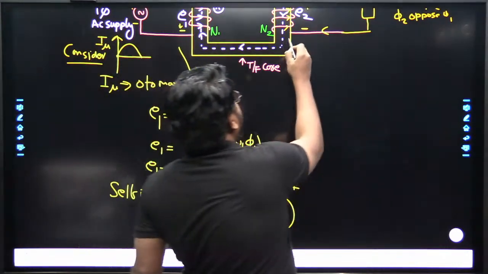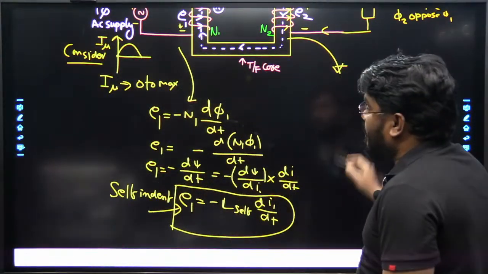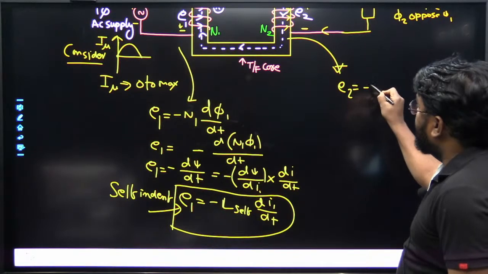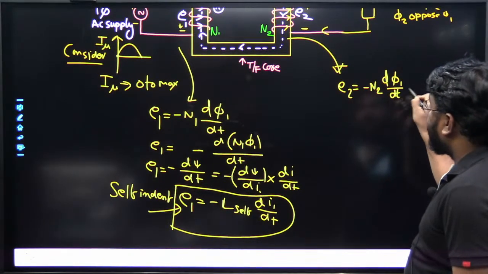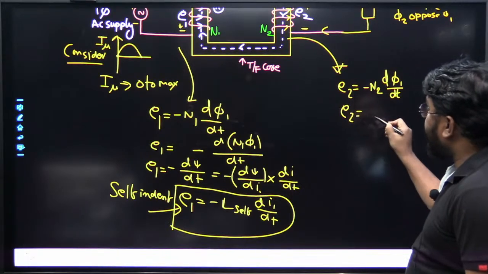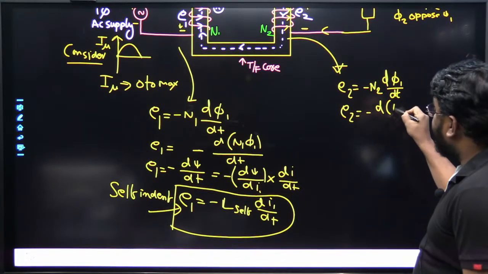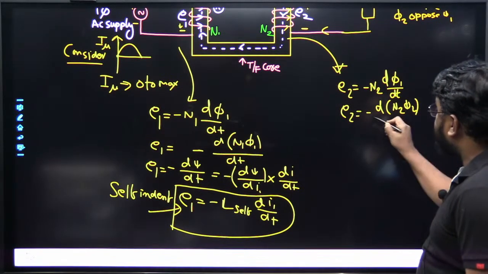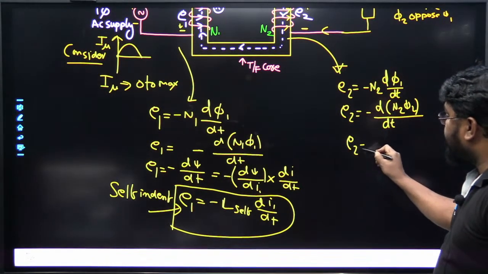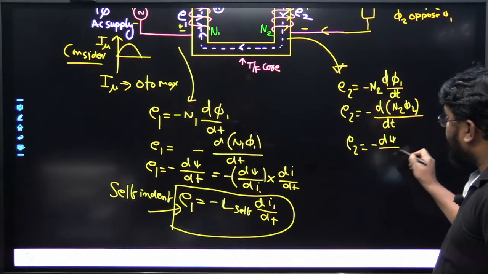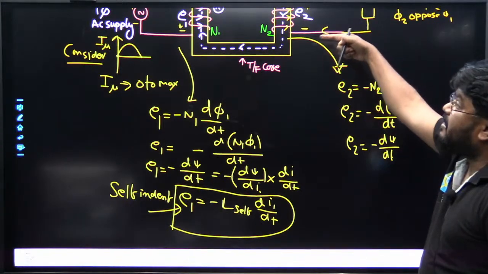Now similarly in the secondary winding, what will happen? Here E2 is equal to minus N2 d phi1 by dt. You can rewrite this as minus the differentiation of the flux linkage with respect to time. But is there any current in the secondary winding?